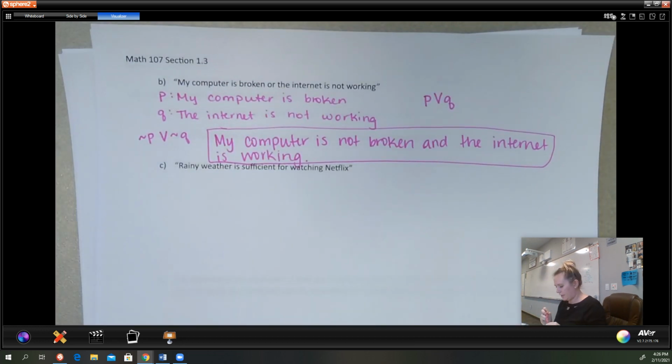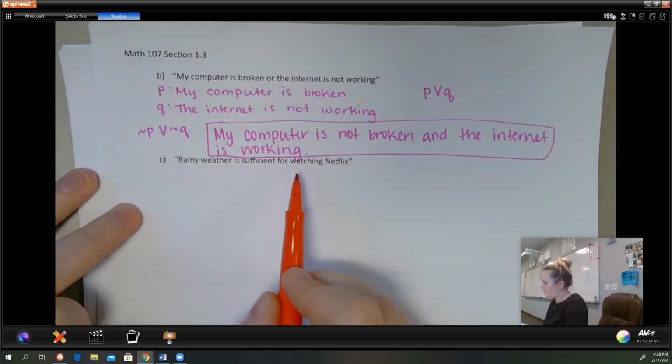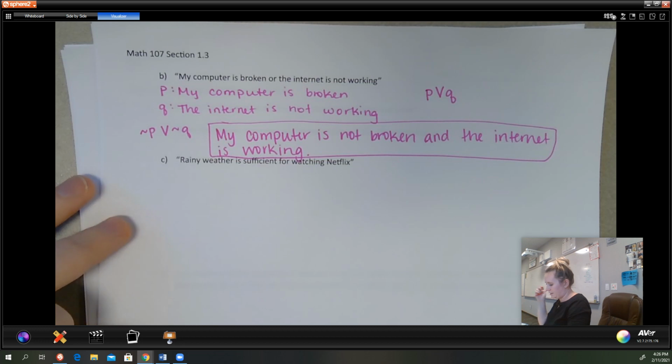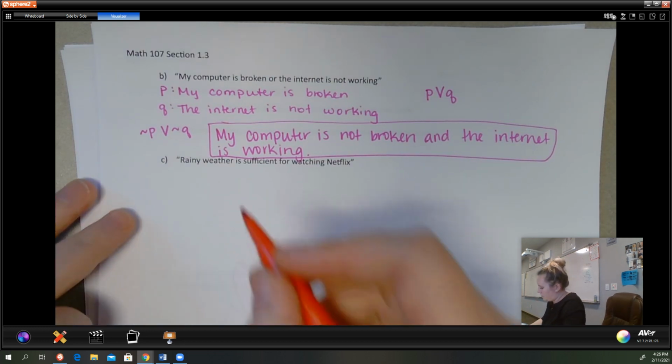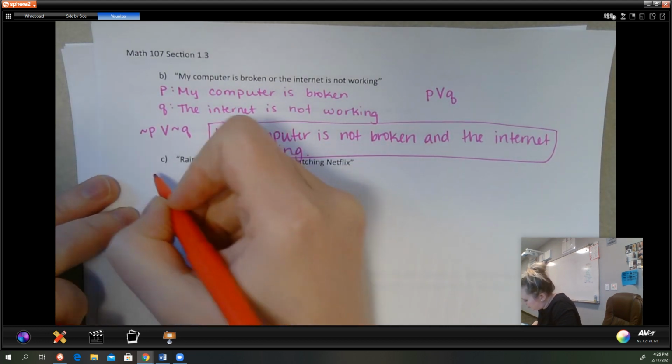Okay, and last one. Rainy weather is sufficient for watching Netflix. So this is a conditional, and we're going to use another equivalent statement. If it is sufficient, that means this is the premise.